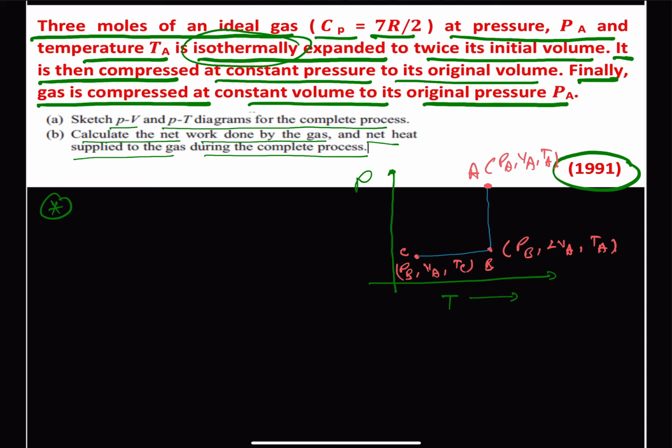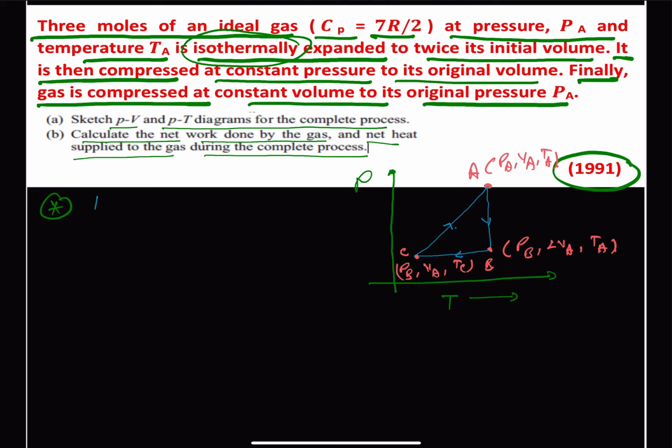And then it is compressed at constant volume to original pressure Pa. Okay, so it is returned back to original point A. So this is our basically PT, pressure temperature diagram. First process is our isothermal from A to B.